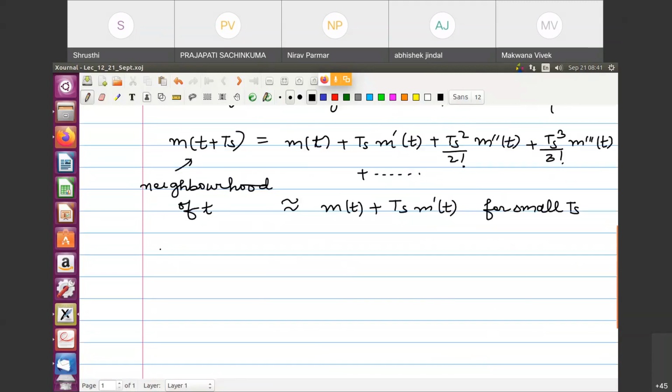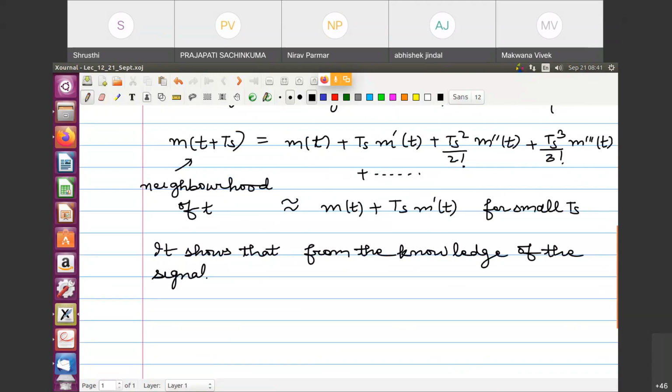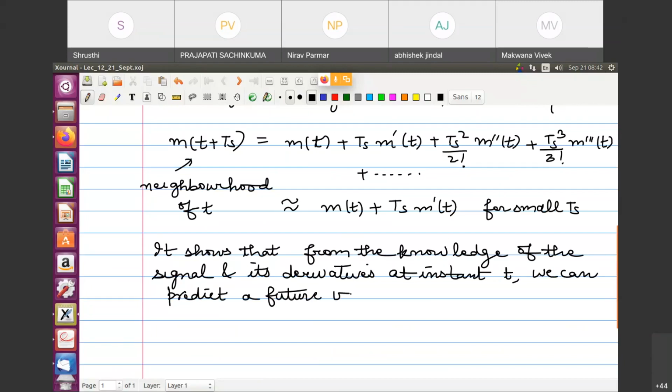So it shows that from the knowledge of the signal and its derivatives at instant t, we can predict a future value at t plus ts.